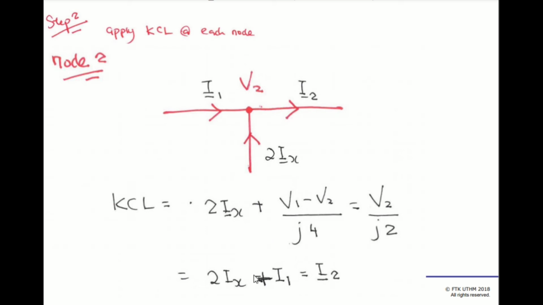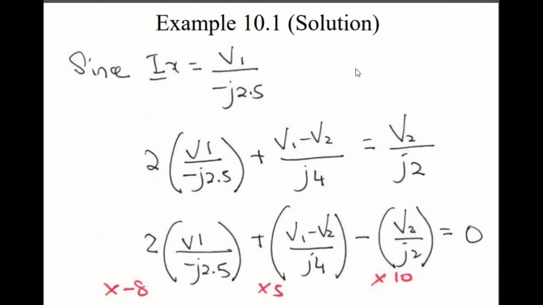So simplify it and you will get 2Ix plus I1 equal to I2. From the first equation, we know that Ix equals V1 over minus J2.5. So we can insert it into the second equation.